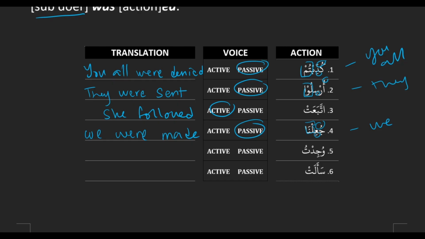وجد or وجدت. So we have a u on the first letter, even though the first letter is a wow. It's okay. U can sit on any letters. The ta is our ending indicator, so we ignore that. Second to last letter has an e sound, so it's passive.